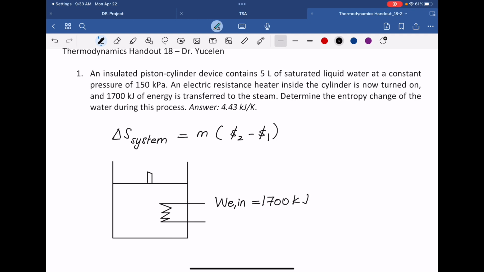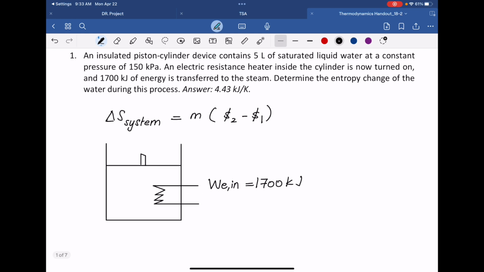And the amount is given. If they give you energy interactions, its magnitude, it will probably be needed in the energy balance. So keep that in mind. We need to get some hints from the problem statement, just like that.